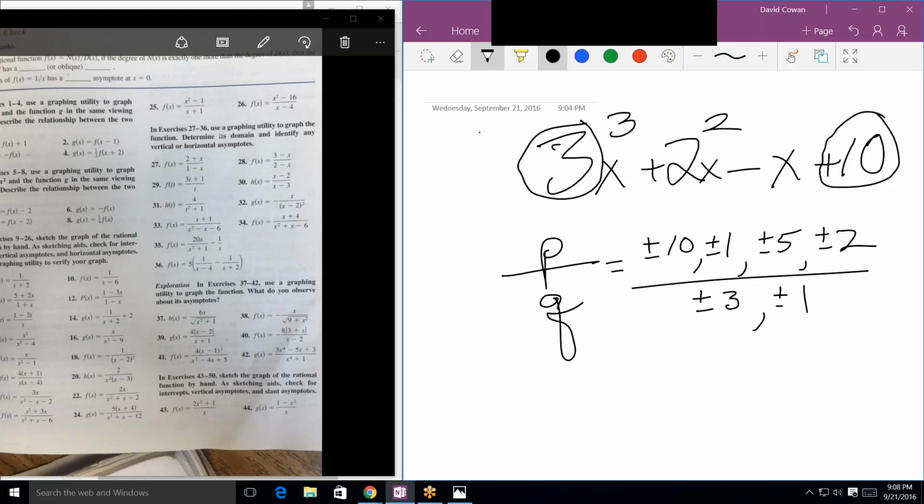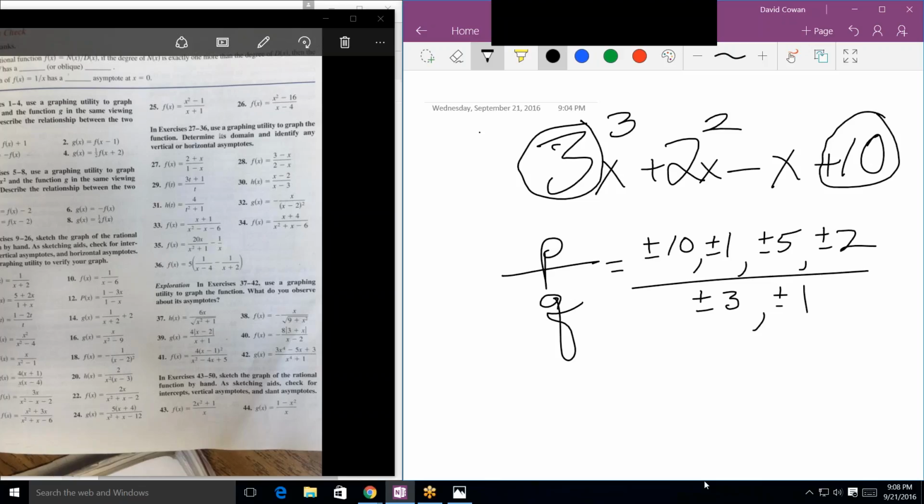Only we didn't do a complicated one. When we met in person, we did one that had like a 3 as the number, and the coefficient was 1. So there weren't a lot of possibilities. I made this one up merely to illustrate this P over Q concept.